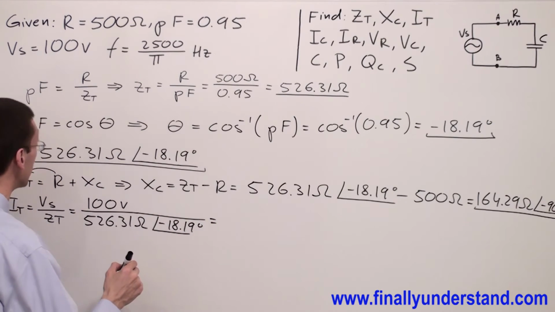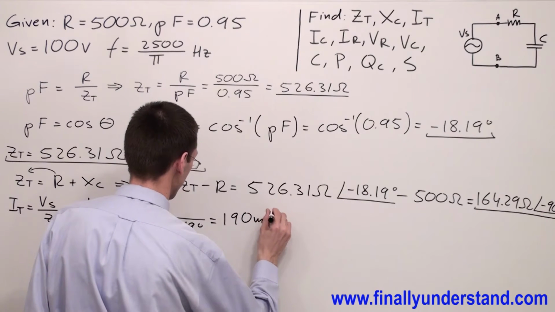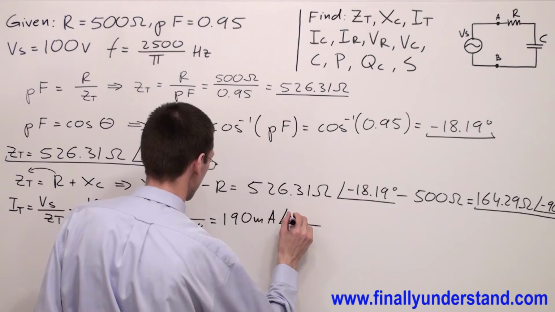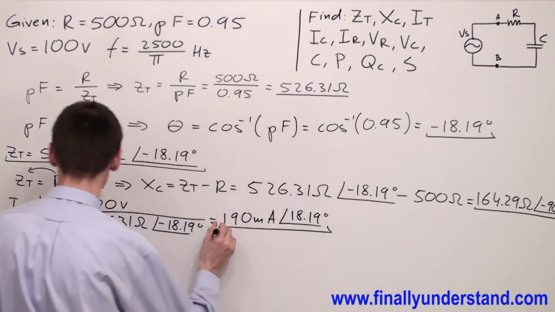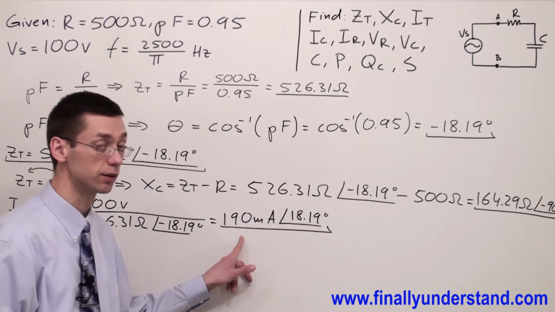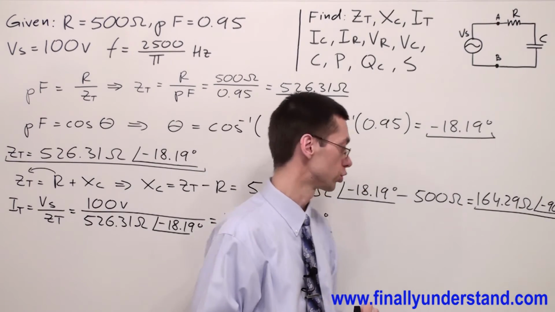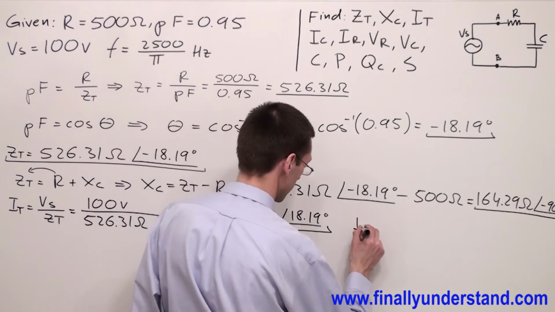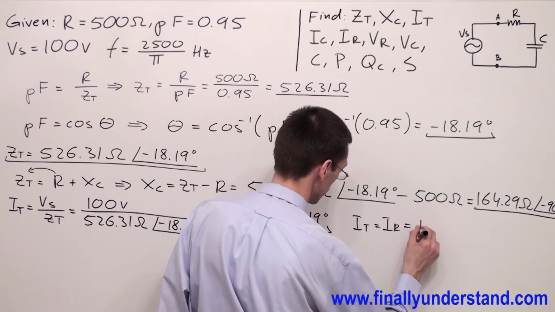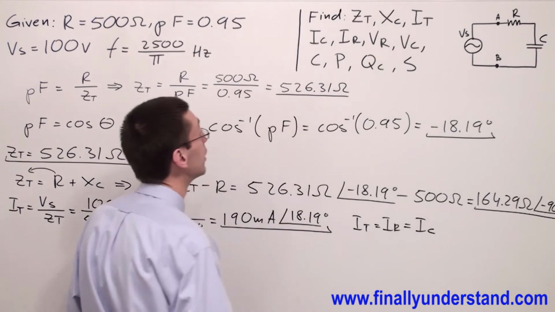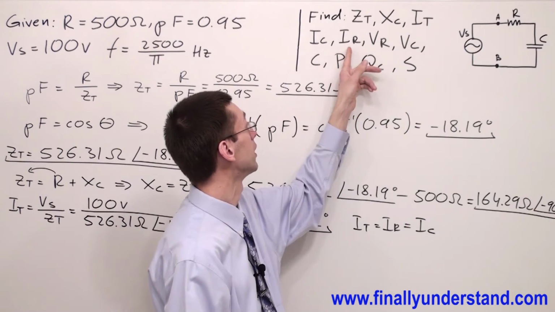This is equal 190 milliamps and angle of 18.19 degrees. This is the value of my total current. Please notice that we are talking about the series circuit. So it means that I total is equal to IR and is also equal to IC. So I can say that I found Z total, X of C, I total, IC and IR.